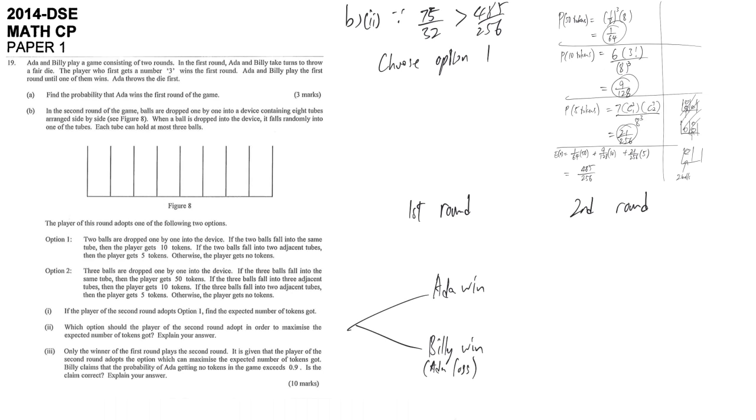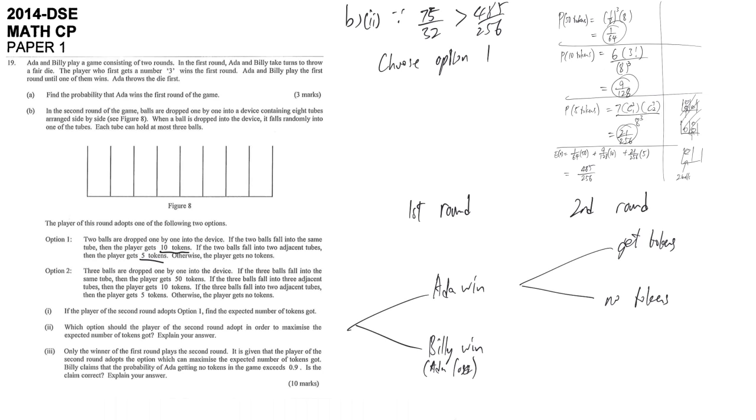In the second round, if Ada wins, then she has some chance to get tokens. Just now we already calculated the probability to get 5 tokens or 10 tokens. So we just add them together to get tokens, and otherwise no tokens.